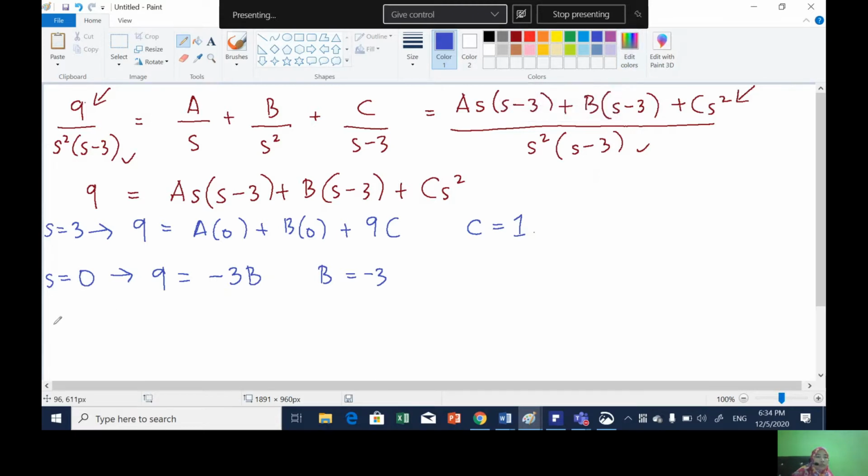Okay, so for the next substitution, let's choose a very simple number. We have tried 3, we have tried 0. So let's look at 1.